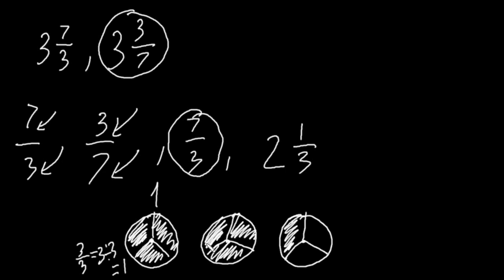So we have one whole here. We have another whole, so that's 2, and then finally we have 1/3, right? So we have 2 whole circles and a third of a circle, so 2 and 1/3. So we can see here that we've represented this same operation pictorially.